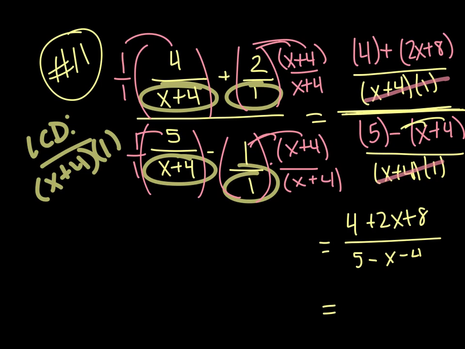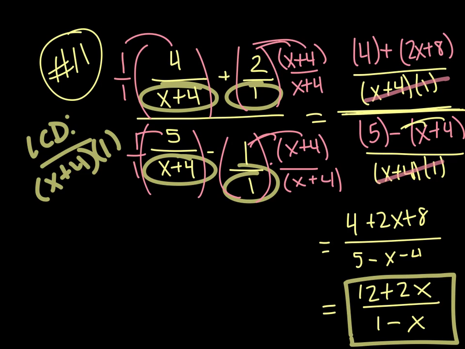So if you combine everything, you'll get 12 plus 2x over 1 minus x. Can't simplify or reduce that, so that'll be your final answer.